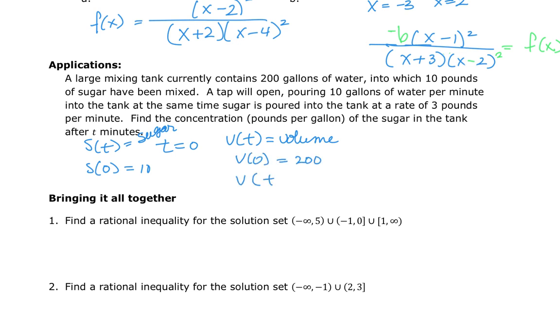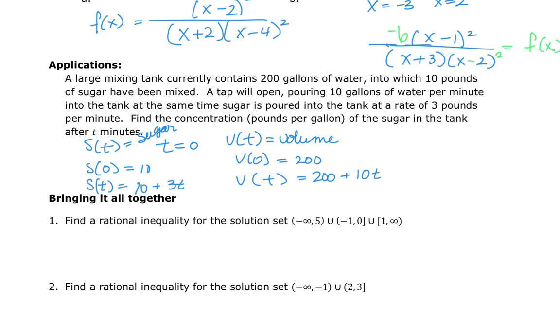So the volume at some time is going to be 200 plus the fact that I am adding 10 gallons at each time t. So the sugar at any given time, S of t, is going to be the 10 pounds, plus the 3 pounds per addition.